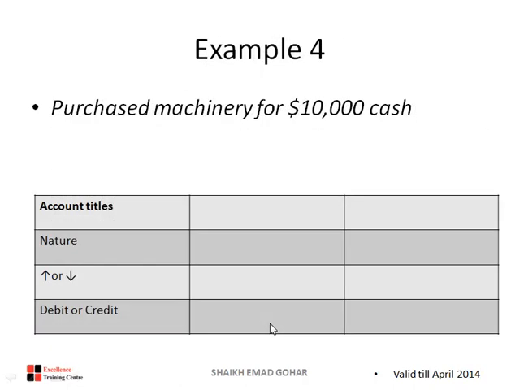Example number 4. Purchase machinery for 10,000 cash again. So now tell me one thing. Do it yourself, then I will do it. Very easy. Complete all the 4 parts.